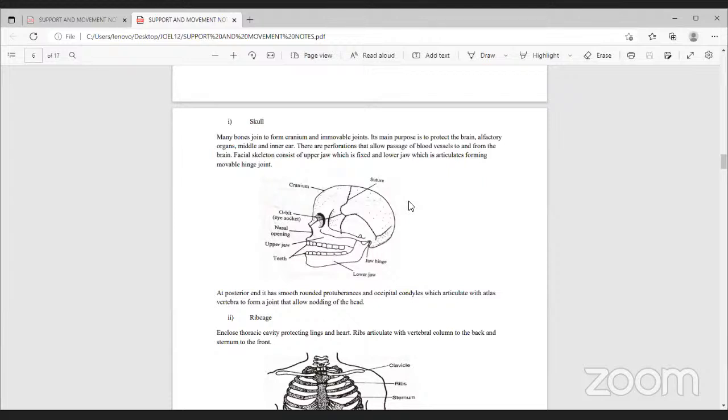Those perforations are important in that they allow the passage of blood vessels in and out of the brain. Remember, the brain requires oxygen and nutrients. So the blood vessels pass from the muscles found on the head through those perforations to the brain. They supply the oxygen and nutrients.